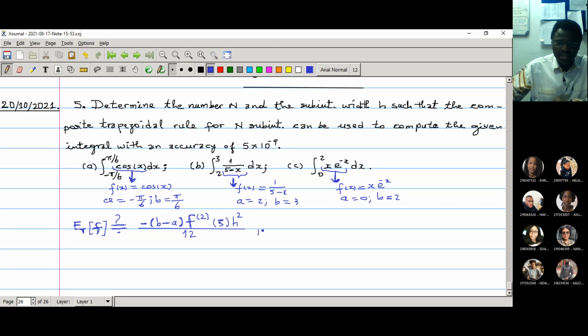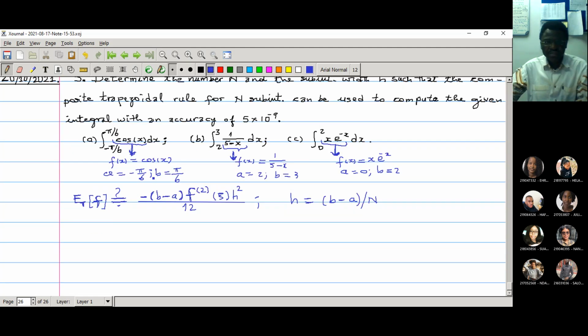And how do you write your h? What is h? H is equal to what? B minus a divided by n, the number of subintervals. Good. Okay, so this is the formula.